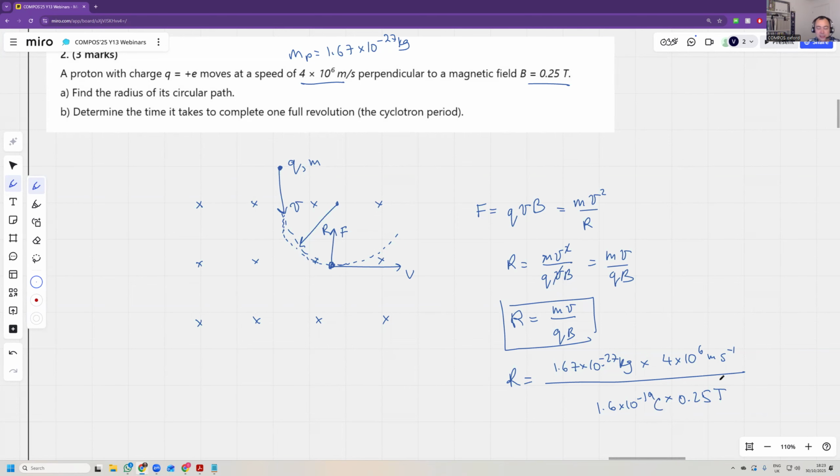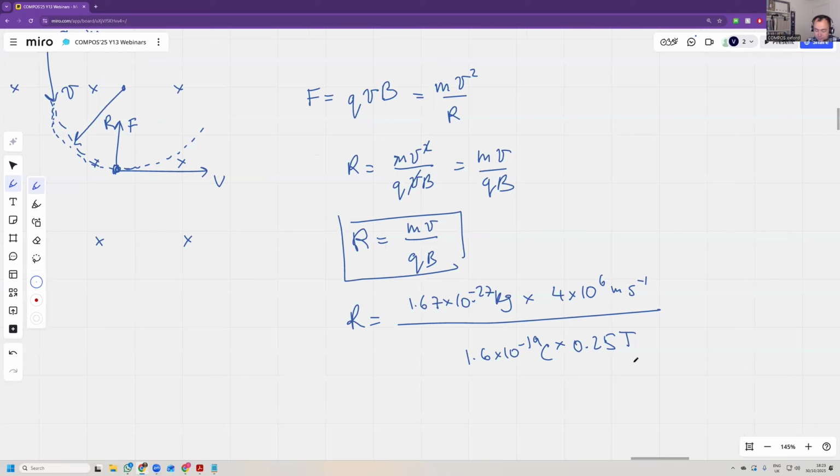And we get 0.167 meters, which is 16.7 centimeters. That's very reasonable.